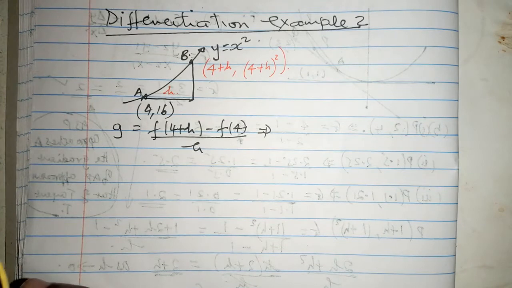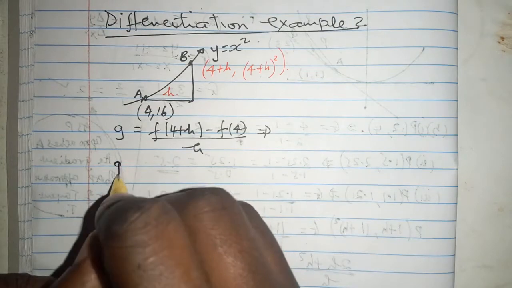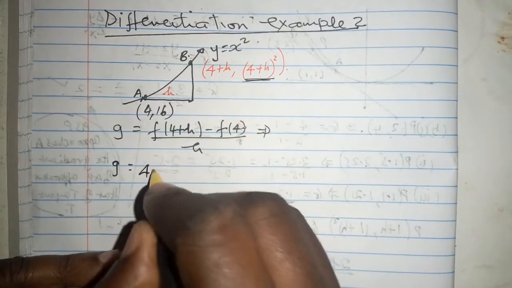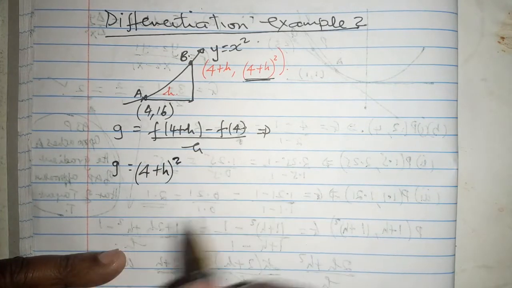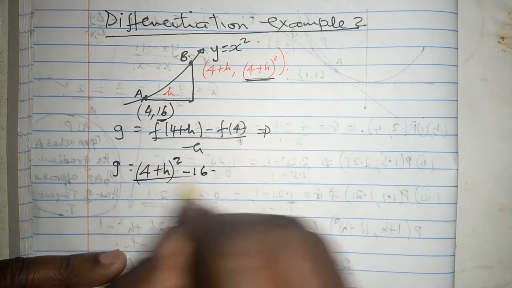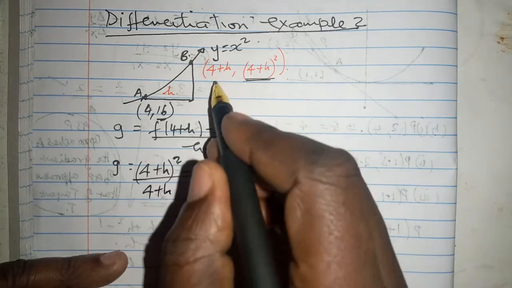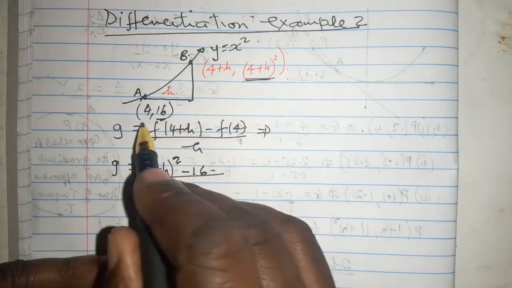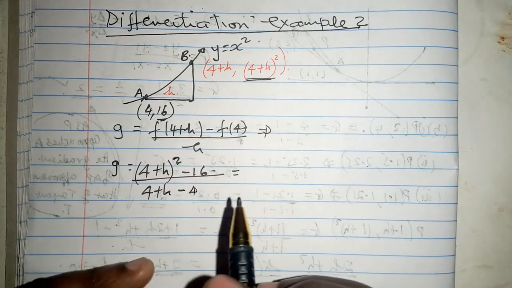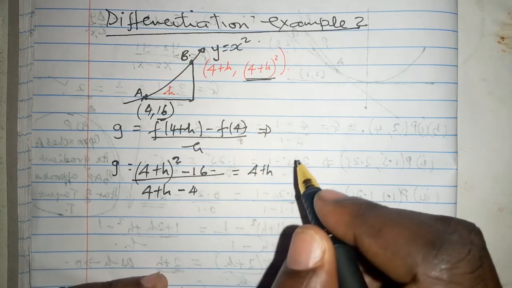The gradient becomes change in y: the y value at point B is (4 plus h) squared, minus y1, which is 16, all over change in x, 4 plus h, which is the x value at point B, minus 4. It goes without saying, we need to expand 4 plus h squared.